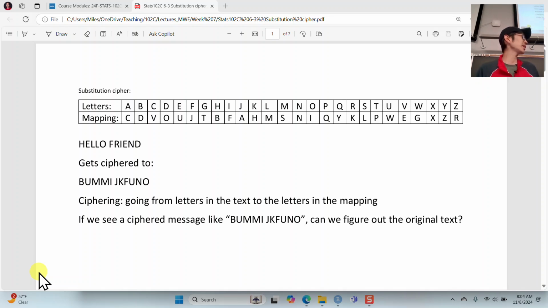A substitution cipher is kind of, I imagine you did this in elementary school, or you get some kind of puzzle where you have a decoder key, okay? And so perhaps you have different symbols.